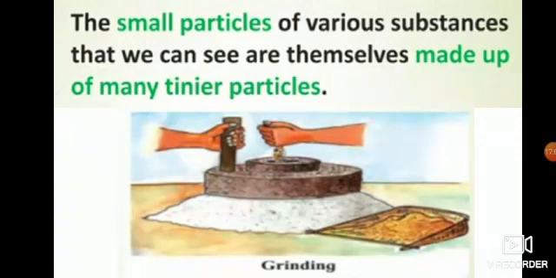These particles are made up of very tiny particles, and many are needed. They are a smaller version and we cannot see them, but we can see the substance. What is the substance over here? That is the wheat, rice, jawar, bajra. These grains we can see, but the particles in the powder form we can't see.